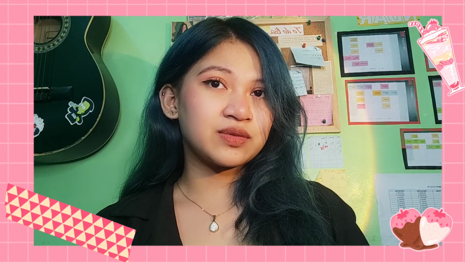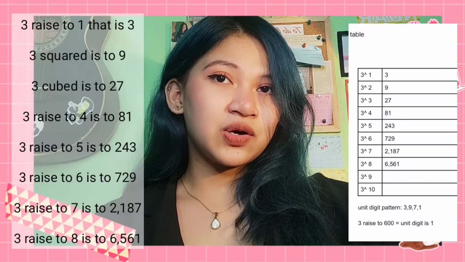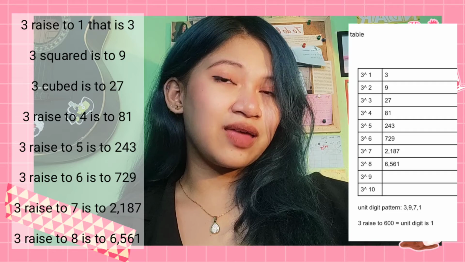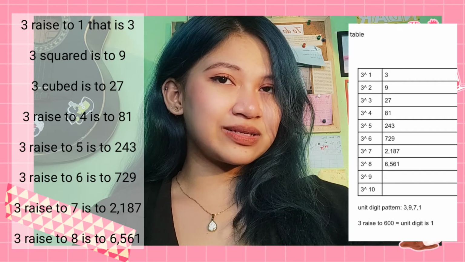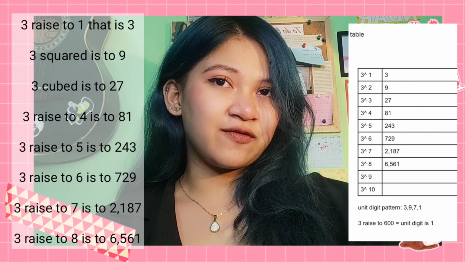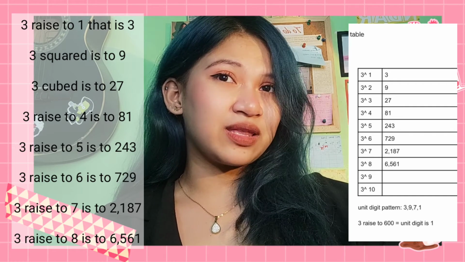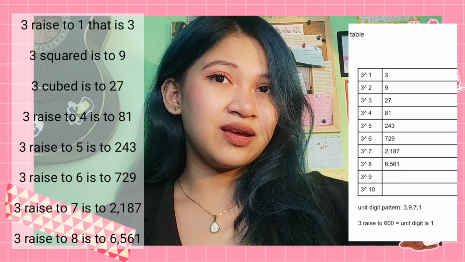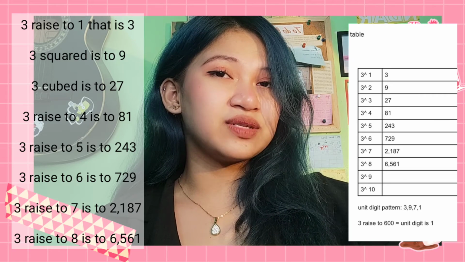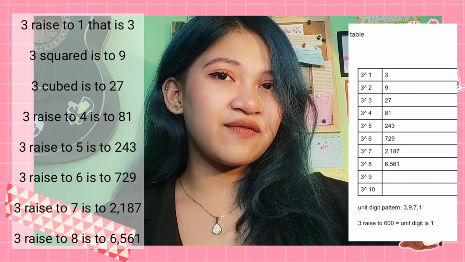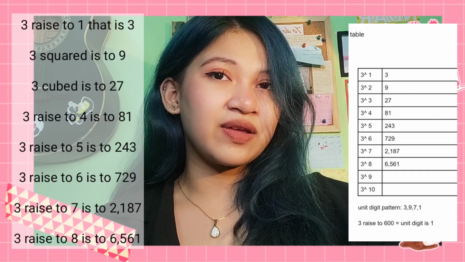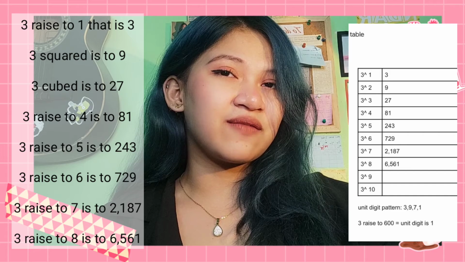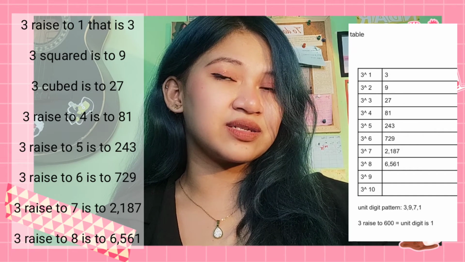So we can start with the counting number 1 as the exponent. 3 raised to 1 is 3. 3 squared is 9. 3 cubed is 27, 3 raised to 4 is 81, 3 raised to 5 is 243, 3 raised to 6 is 729, 3 raised to 7 is 2,187, 3 raised to 8 is 6,561.